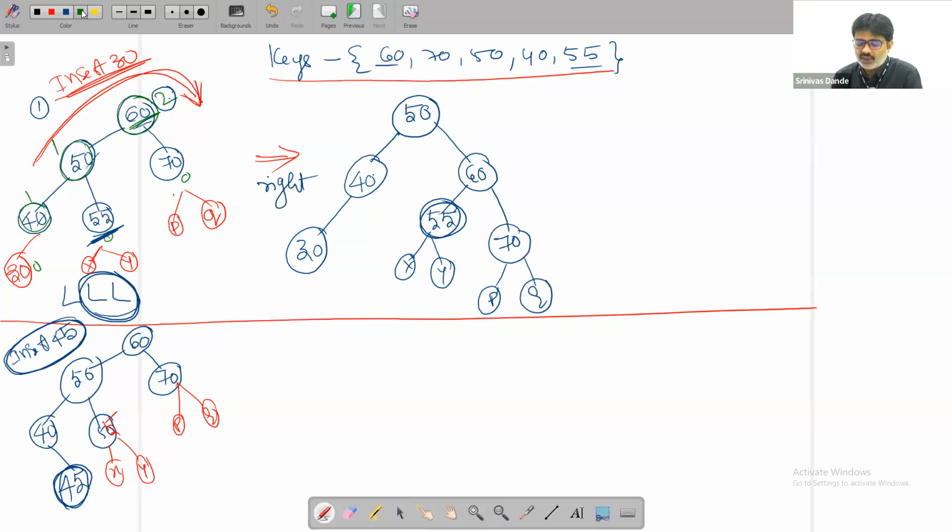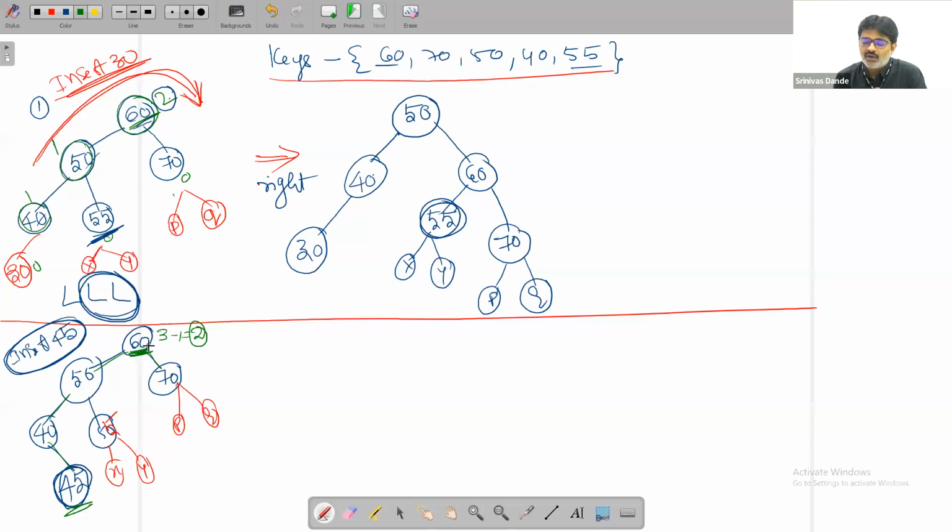Which node is becoming unbalanced because of 45? I think again 60 is becoming unbalanced. On this side, 60 has height 3. Currently don't consider the red-colored PQ and XY. On this side you consider 1. 3 minus 1 equals 2. So 60 is becoming unbalanced.